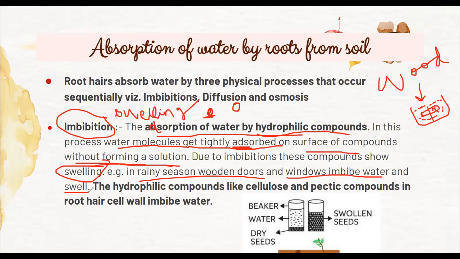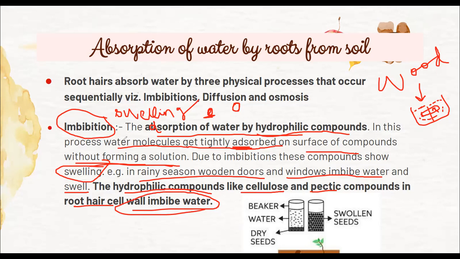In a similar manner, in the root hairs, we know that the outer layer of the cell wall is made up of pectin, and the inner layer of the cell wall is made up of cellulose. These pectin and cellulose compounds in the root hair absorb water, they imbibe water, and they swell up.